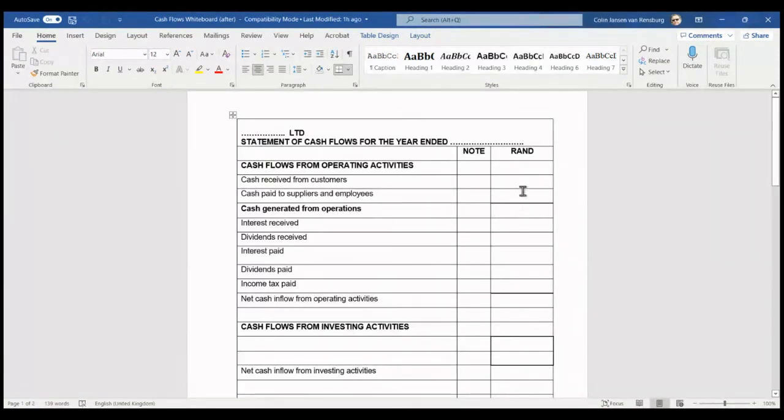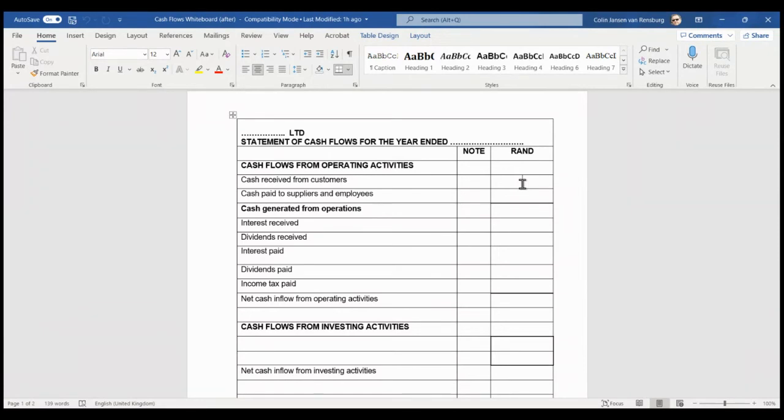Then, ladies and gentlemen, we go and calculate our cash received from customers. We're going to talk about that in about 60 seconds. Then we're going to calculate our cash received from customers.